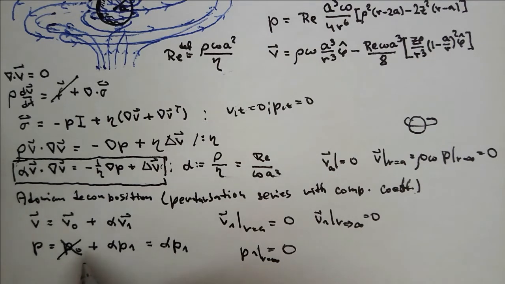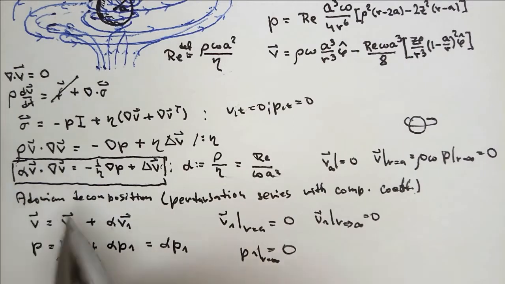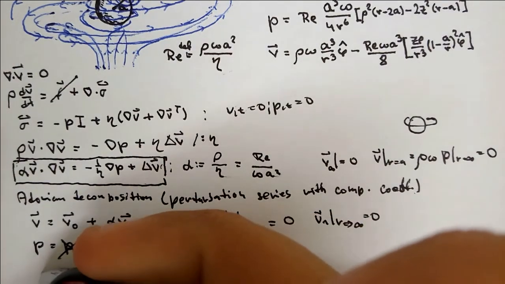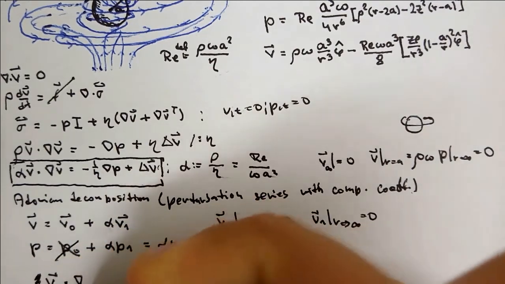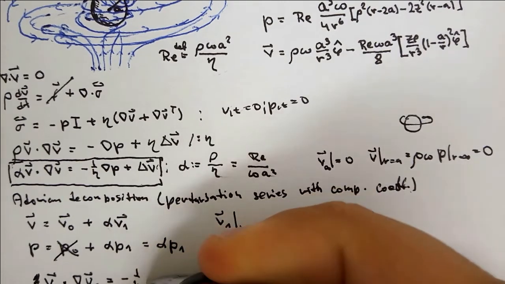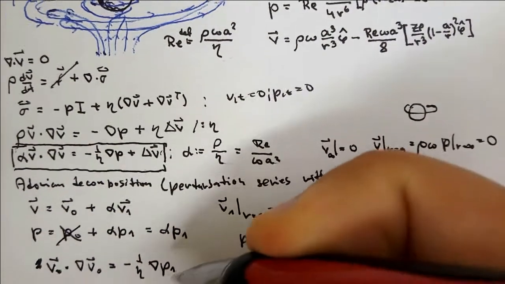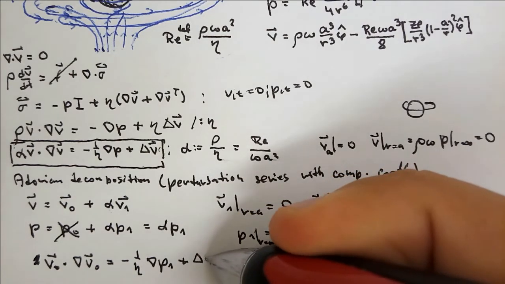Next, if we substitute this solution into this equation, the first term will vanish because it is the alpha to the 0th power term, basically the solution for the non-perturbed problem, and the second term gives this equation. It reads v0 dot gradient of v0 equals minus 1 over eta gradient of p1 plus the Laplacian of v1.